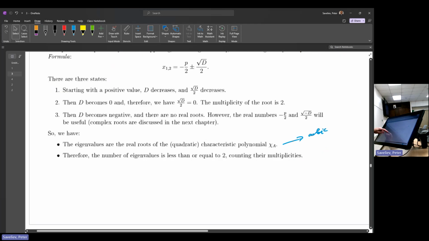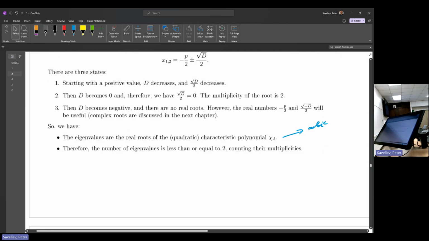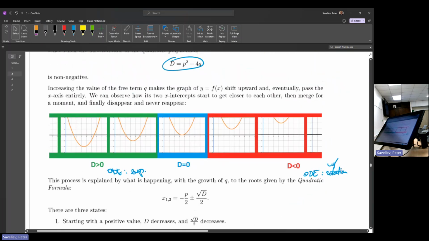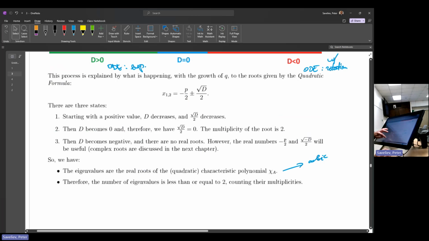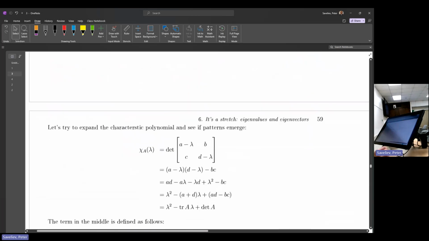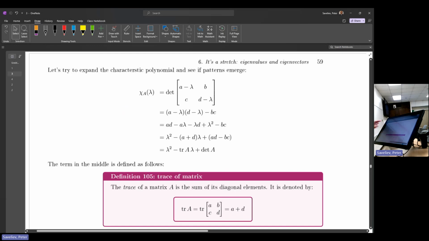So the number of eigenvalues is 2, counting the multiplicities. So that's when in the middle, that's multiplicity 2. That's a special case to be considered. There is such a thing as the trace, another shortcut, which is just the sum of the diagonal elements. And if you expand your characteristic polynomial, the formula becomes kind of interesting.